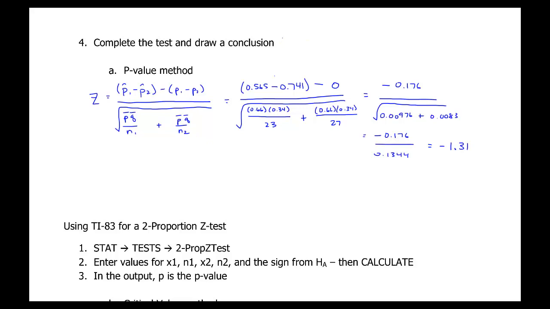Now, let's put both hypotheses up here. P1 equals P2. Our alternative is that P1 would be not as effective as P2, so P2 should be bigger. So again, it's a left-tailed test. So we want the area to the left of a z of negative 1.31.